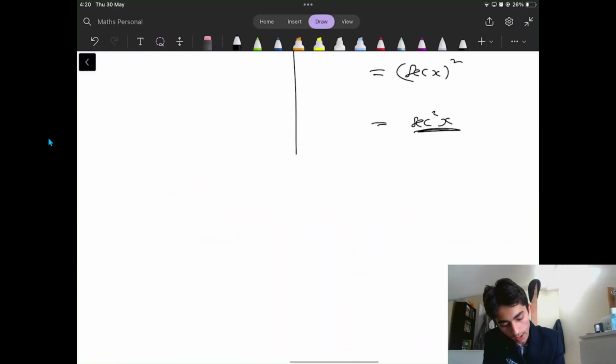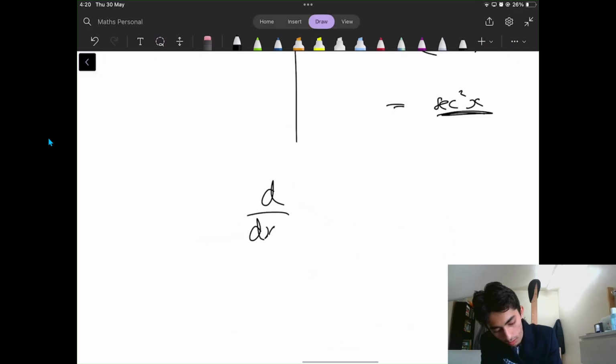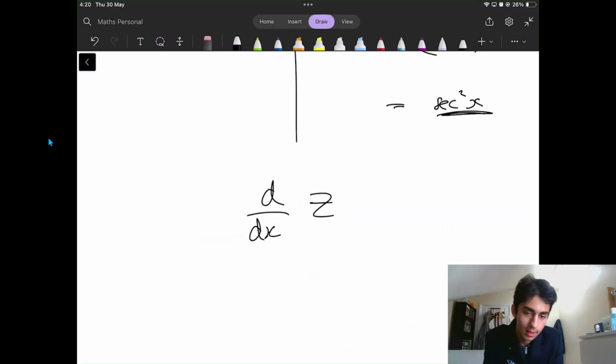Let's say we have a function, let's call it z of x, right? Instead of z of x, we have z of another function of x, right?